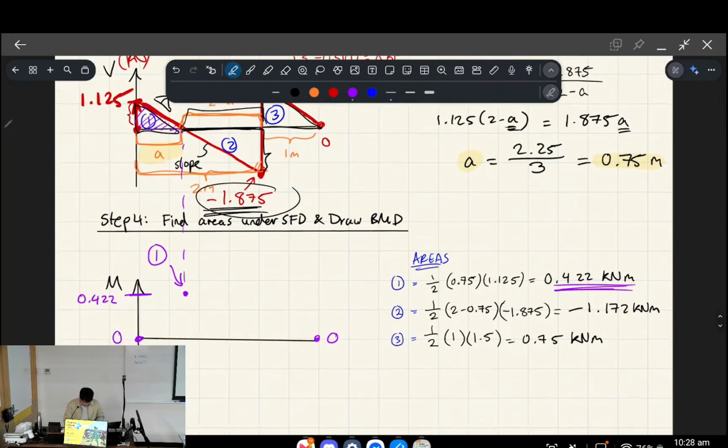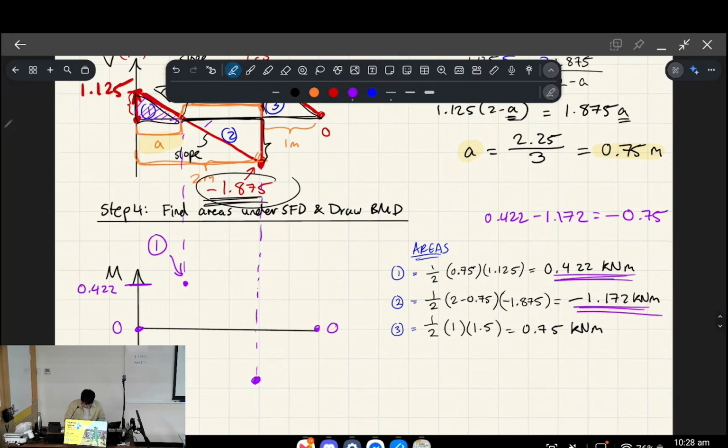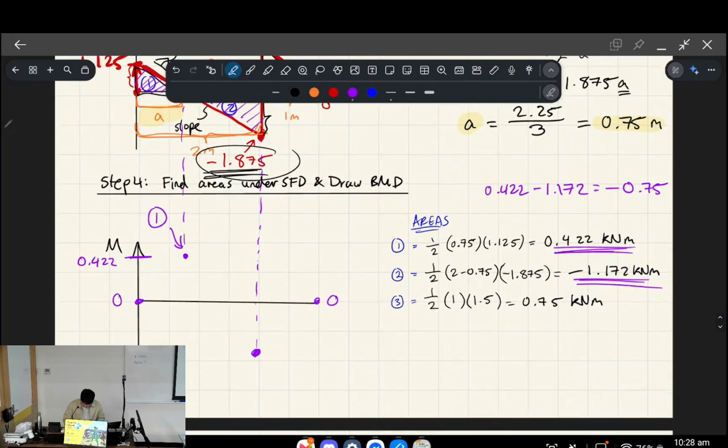The second thing is that at this location, if you type into your calculator 0.422 minus 1.172, you will get negative 0.75. What we will realize is that after both these triangles have been walked on, we are now at negative 0.75, okay?